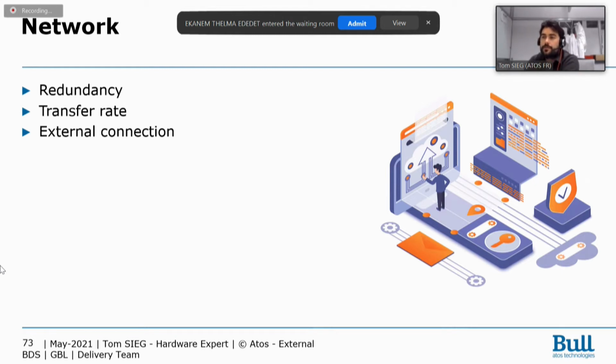And also, when we speak about external connection, we have to speak about security.